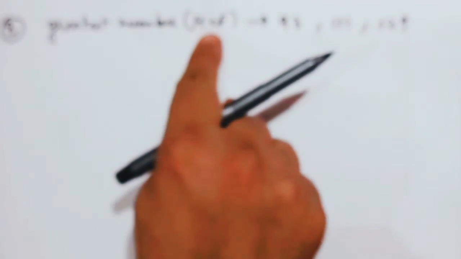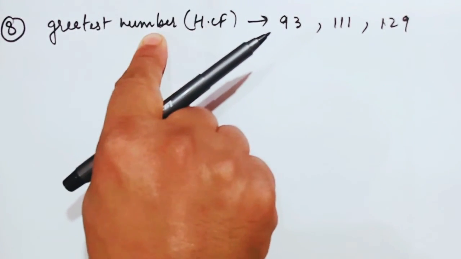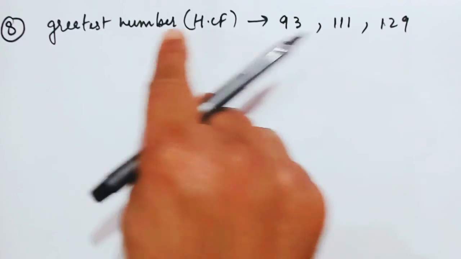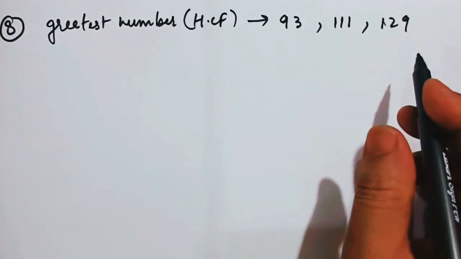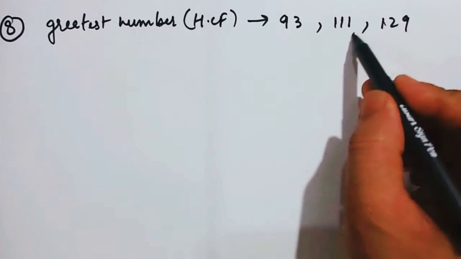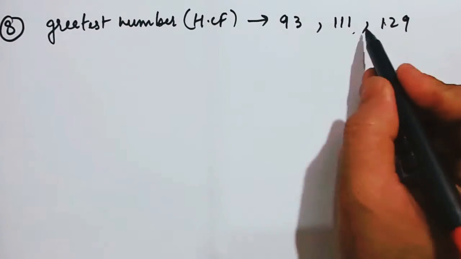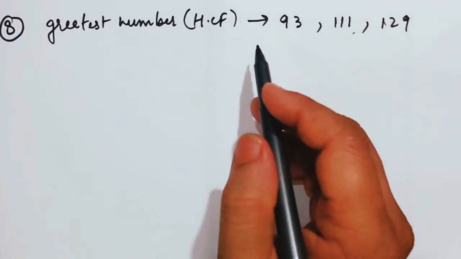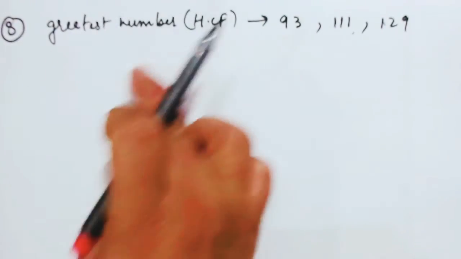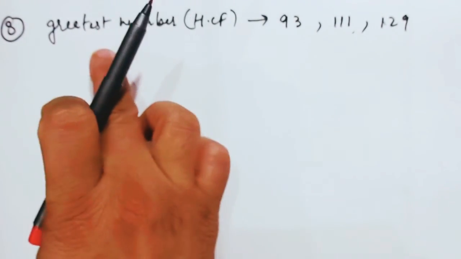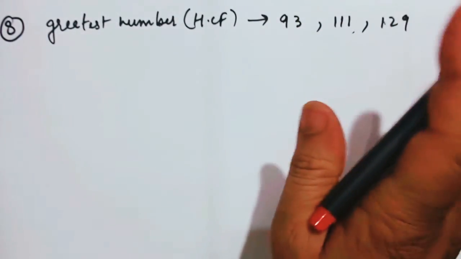In each case the remainder will be 3. So when you find that particular number and divide each of these numbers, I will get 3 as remainder.